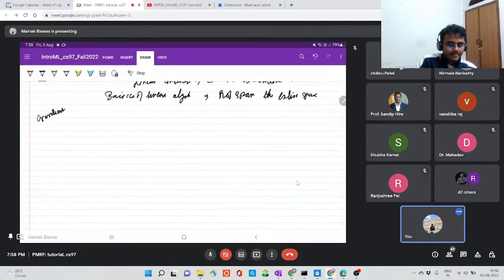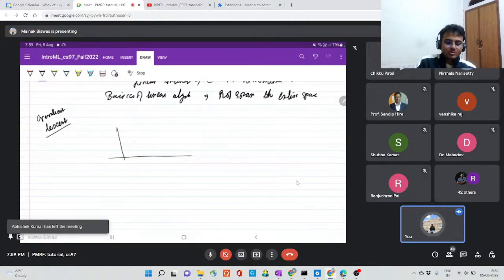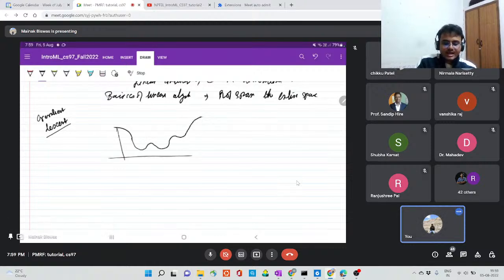Gradient descent. So you have a square function to minimize, any function to minimize or maximize. So you have such a curve, and you start from here and you want to reach an extremum of this function. So what can we do? We can take some step size along this direction.